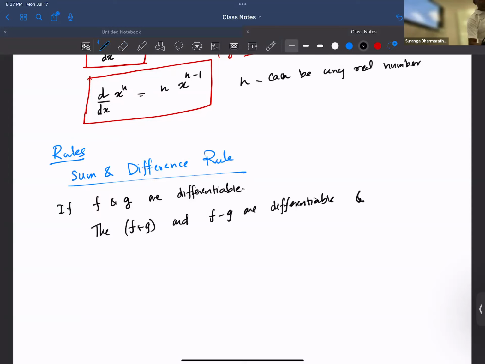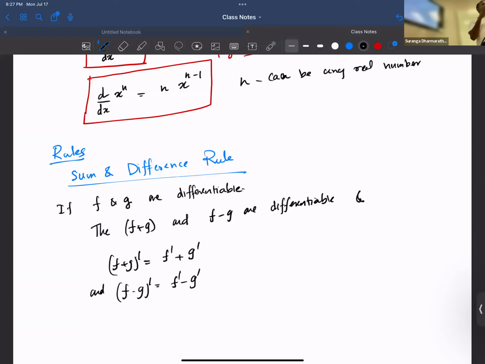And f plus g prime is equal to f prime plus g prime, and f minus g prime is equal to f prime minus g prime. Okay.